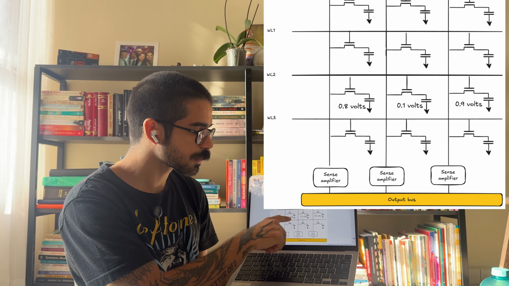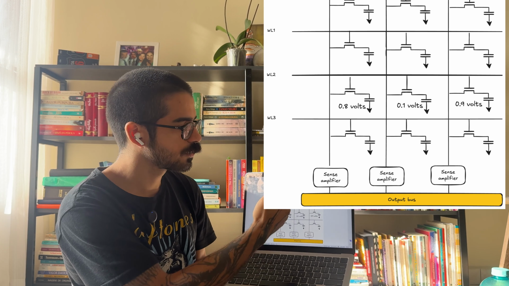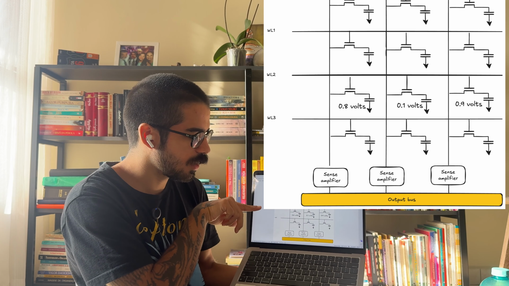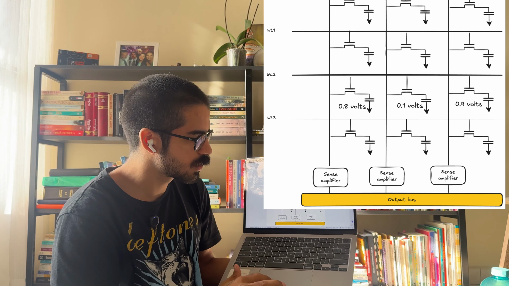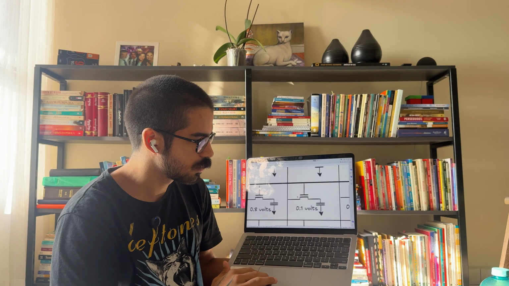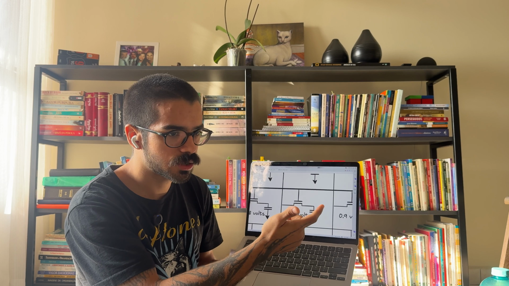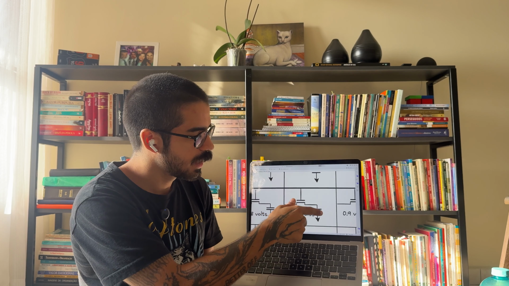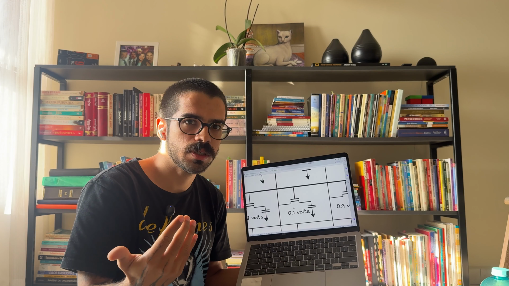I'm going to explain why, but we put half the VDD on all the bit lines, then we turn on the word line. Because of this transistor, you connect the capacitor that is charged or not charged, for 1 or 0, and it's going to come in contact with the bit line that is at half VDD.